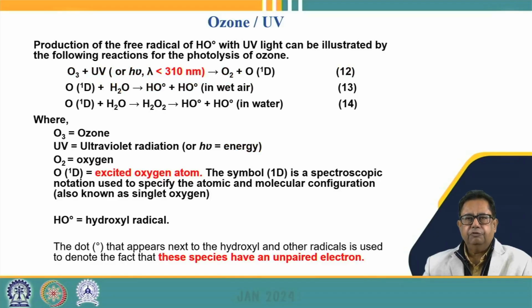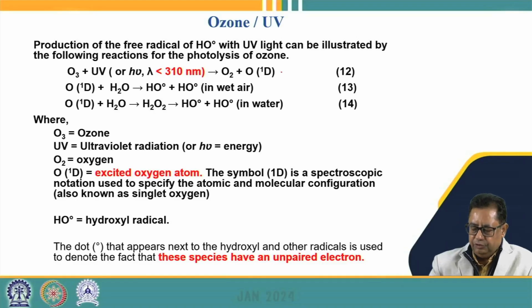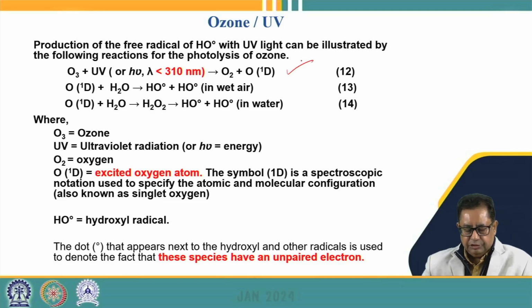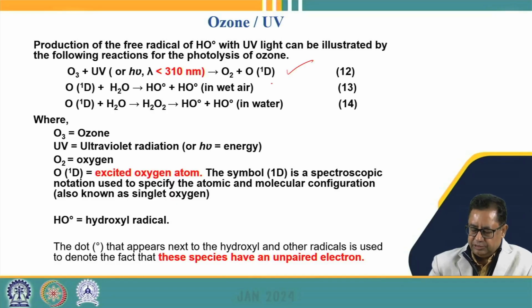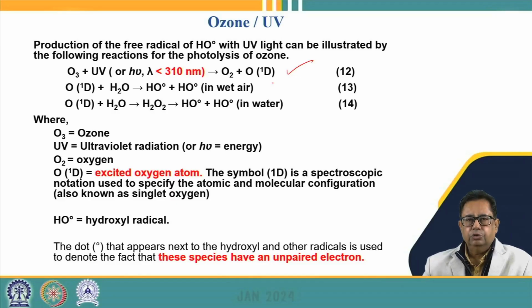So then we can have a system where ozone and UV are combined. We can have the production of free radicals of •OH with the UV light, and it can be represented by equation 12, where ozone and UV, with the UV having wavelength less than 310 nanometers, generate oxygen, and an excited oxygen atom is also generated.